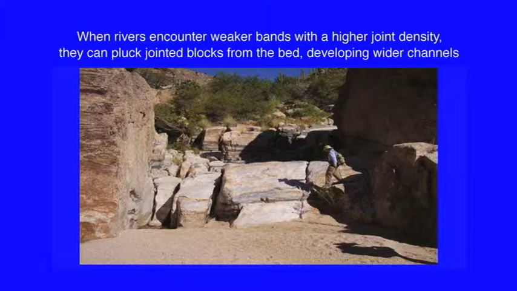In that case, the depth of the water is comparable to the size of the material it's trying to move, and during a very large flood, one that occurs maybe every 100 years or every several hundred years, it can pick up one of those blocks of bedrock and move them. And these blocks of bedrock are continually being winnowed away, made smaller. They develop weaknesses over time just because they're exposed to the elements through the processes of weathering. So rock, when it's near the surface, tends to break down into material that can be transported.